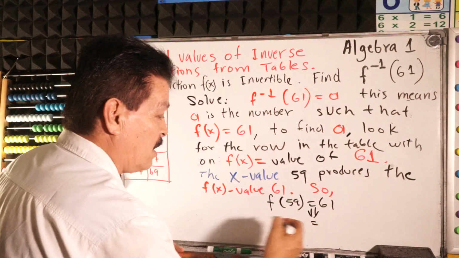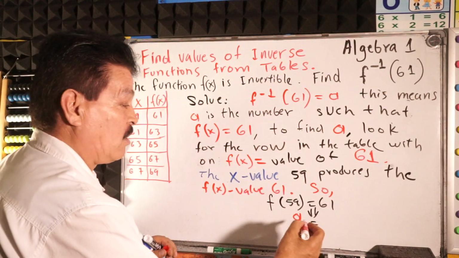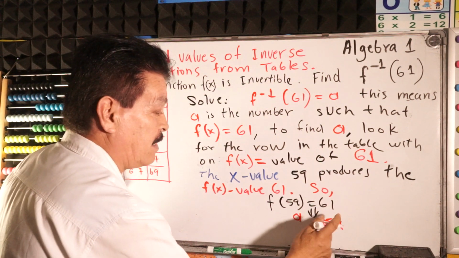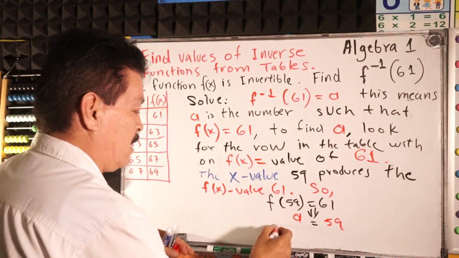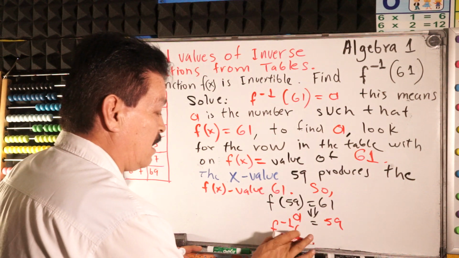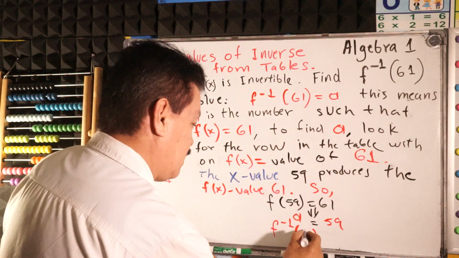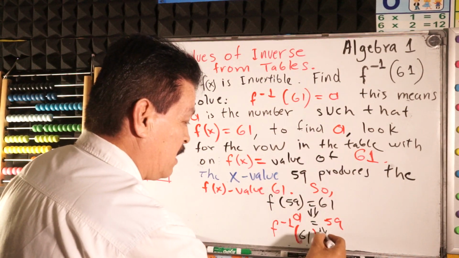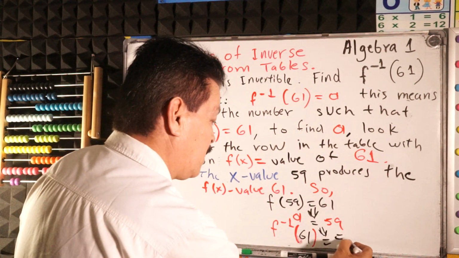Then move it down here. It says f inverse of 61, because that's our question, equals 59.